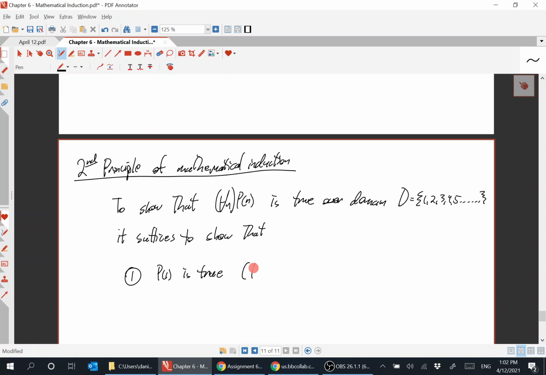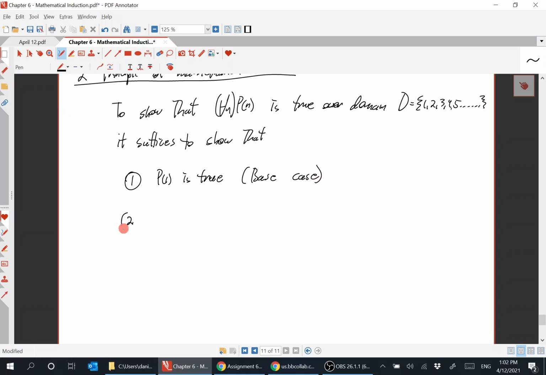Again, that's called the base case. And 2, for every n, P1 and P2 and ... Pn altogether imply Pn plus 1 is true. And that's the inductive step.